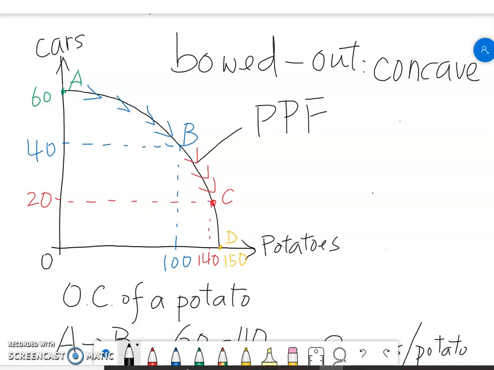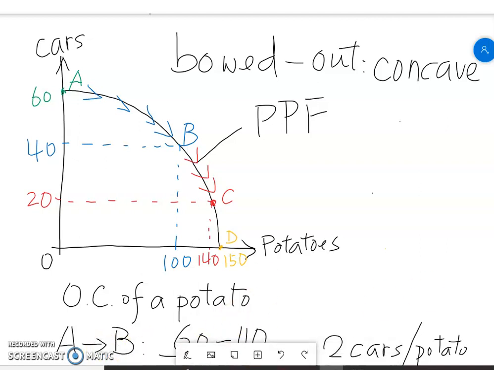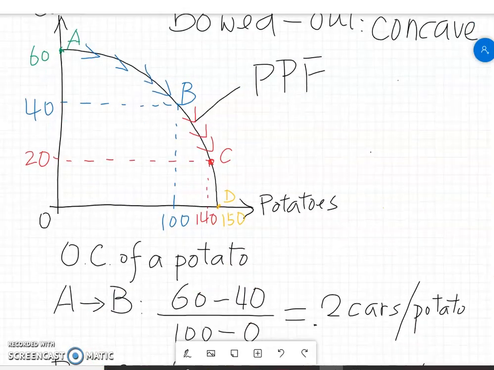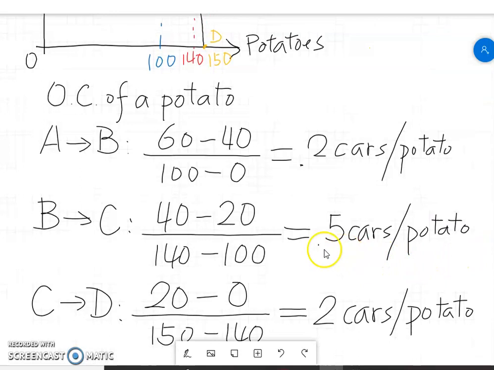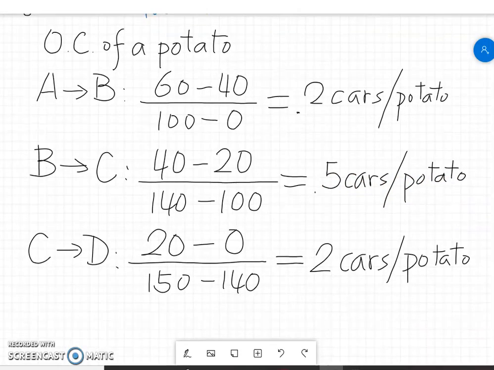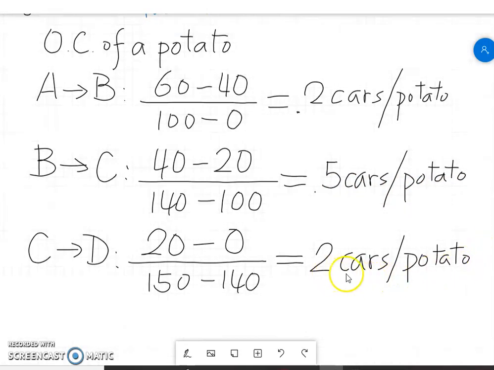The economic definition, we have to look at the opportunity cost. We find that from A to B, the economy gives up 0.2 cars for each potato. From B to C, that number increases to 0.5 cars each potato. From C to D, it becomes 2 cars for each potato.